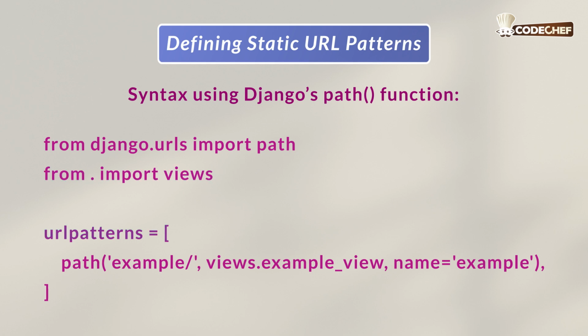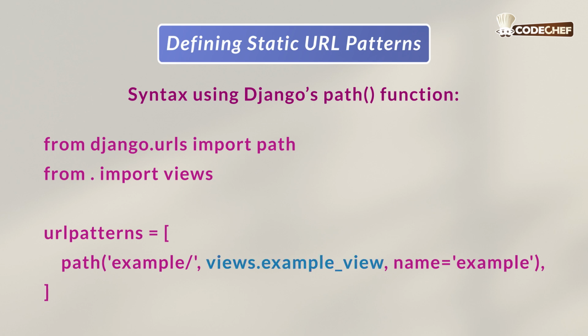Now we have urlpatterns, and within this we can see that the path function is used. Let's analyze this. First of all, it says example/. Now this is the part of the URL after your domain name. So after typing the domain name, if you append example to it, then it will call the example_view function.